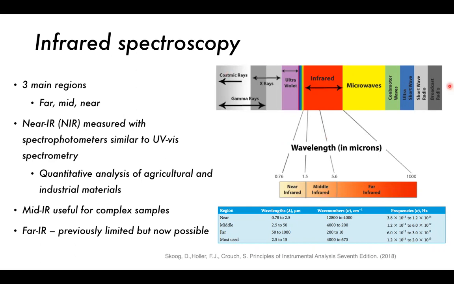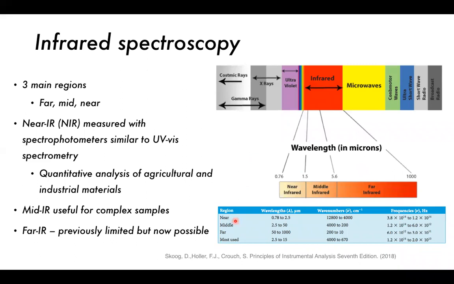So this is the total electromagnetic spectrum. This is a zoom in on the infrared spectrum. These are the wavelengths in microns, which is sometimes used in infrared spectroscopy, especially in older literature. And for a lot of compounds that are commonly quantitated or looked for in infrared spectroscopy, especially in terms of analytical use, a lot of the data that you'll be looking up will be in older literature.